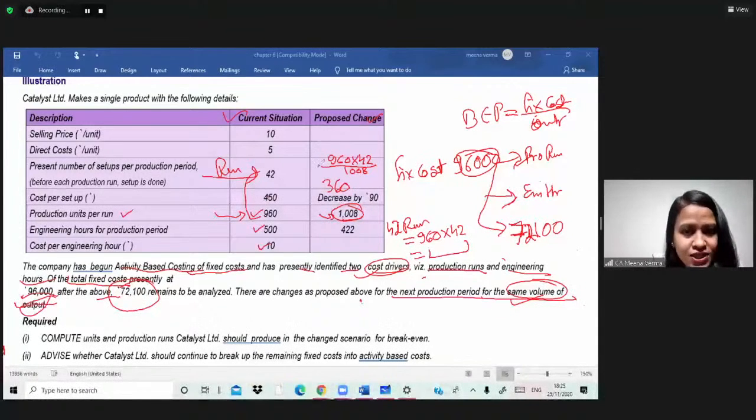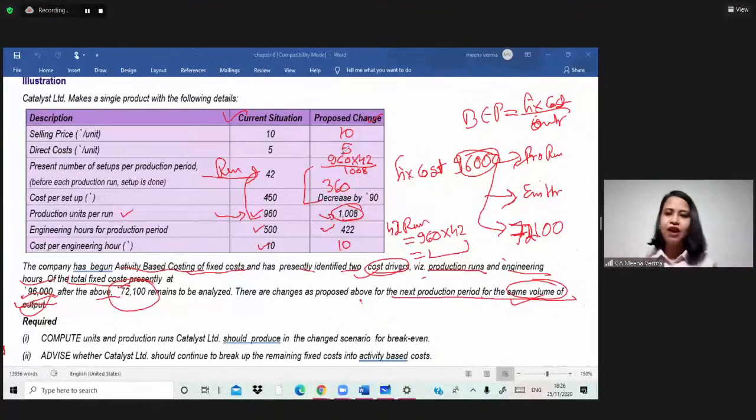We have setup cost, so this will be one fixed cost. Then the engineering hours are mentioned for the proposed system, and the cost per engineering hour will remain the same. If nothing is given, we will consider it the same. So for the proposed system, we have the selling price, we have the variable cost, and we have considered those two fixed costs which are related to some cost driver.